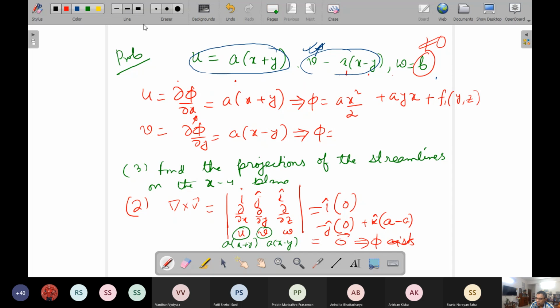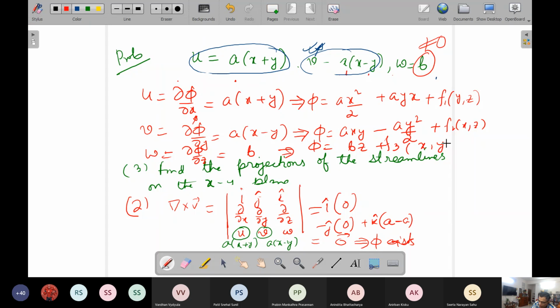So if you now integrate it with respect to y, this will be axy minus ay square by 2 plus a function of x and z. And for w, it will be a function of x and y.